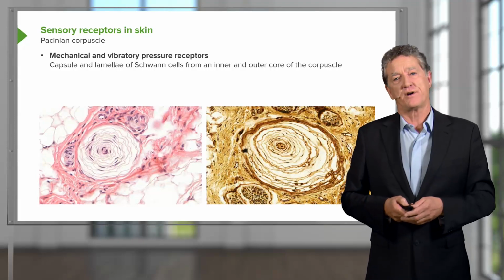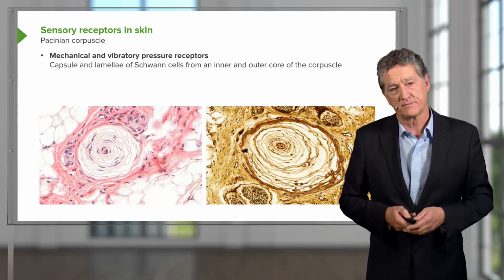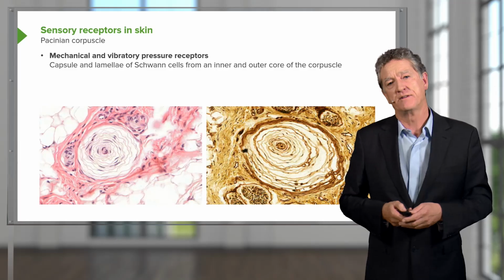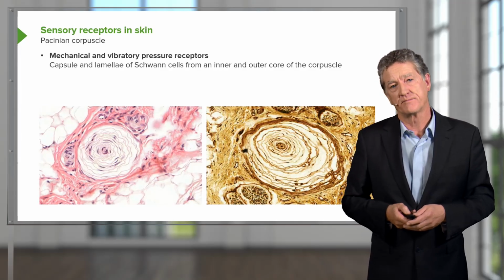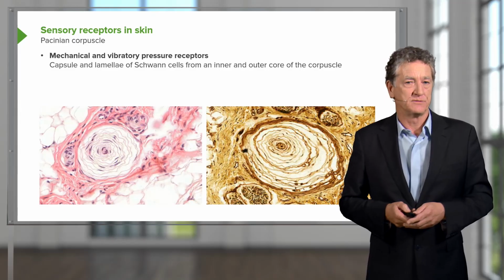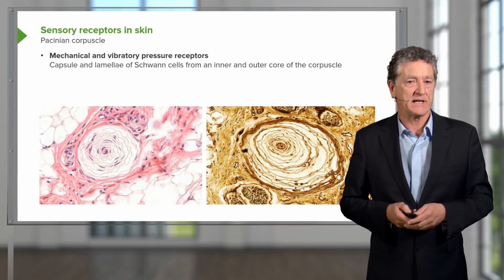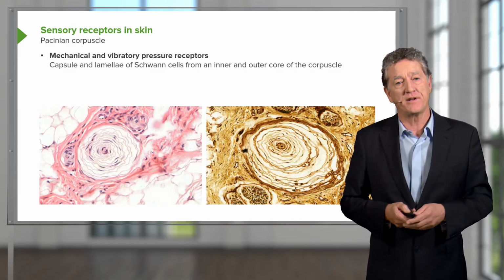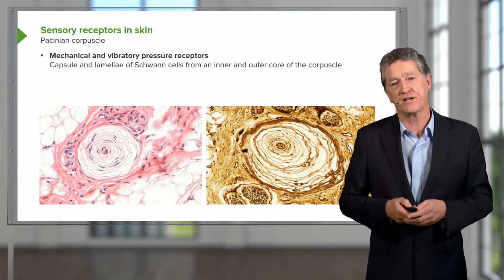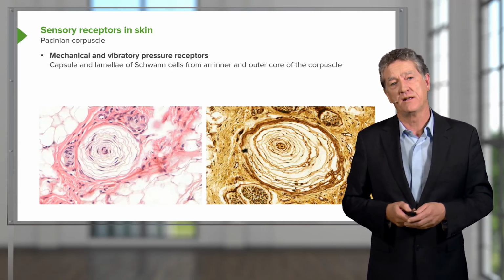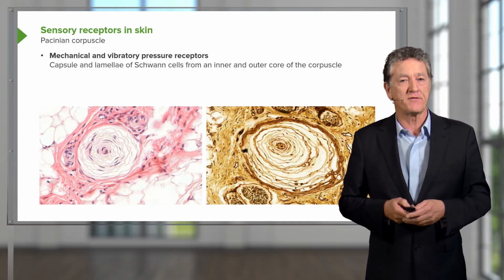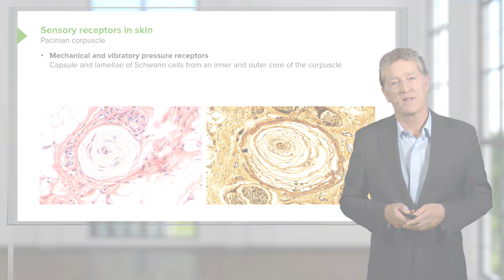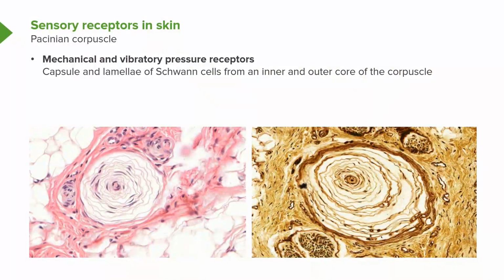Here are two images of Pacinian corpuscles. They're stained differently, but they show the same histological features. They're mechanical receptors. They detect pressure and vibration. And if you look at any one of these two Pacinian corpuscles, you can see that they have a very tiny small dot in the centre. That's the axon, the neuron.